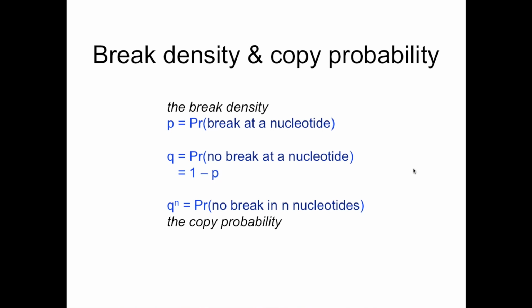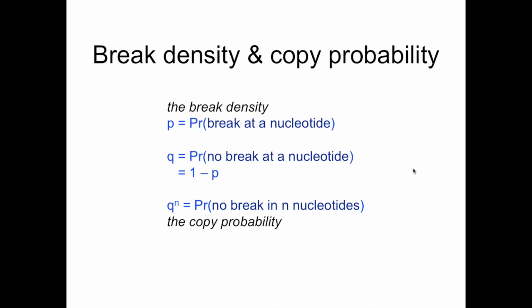Now, in order to get a copying event to occur, there can be no breaks. And each of these events that there's no break at a DNA letter, at a nucleotide, are independent events from the first, second, third, fourth, up to the length n, maybe 200 or 300, of the entire sequence.